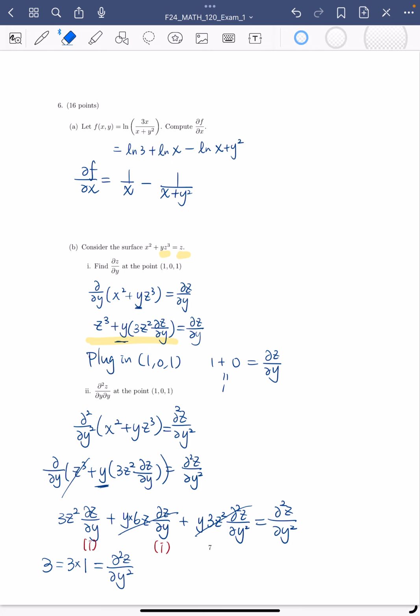It's not 0. Oh, sorry. We have another term here, actually.